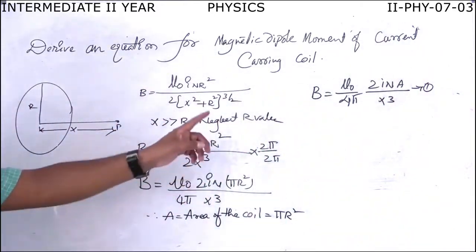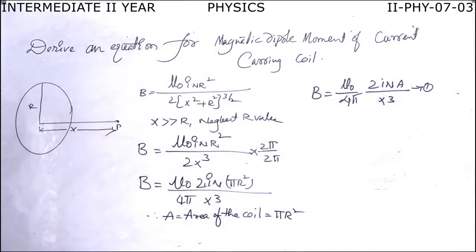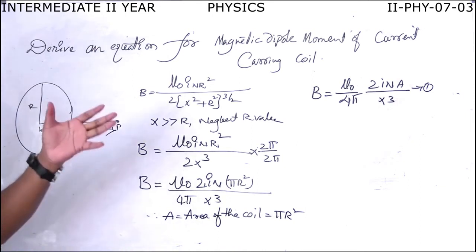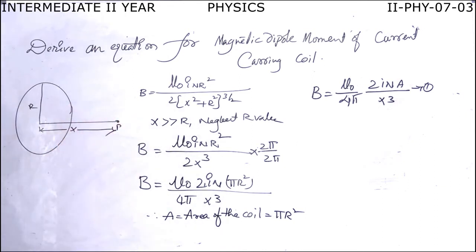Mu naught by 4 pi into IN A by x cube. Now we compare this equation. You studied in magnetostatics the magnetic induction at a point on the axis of the bar magnet.